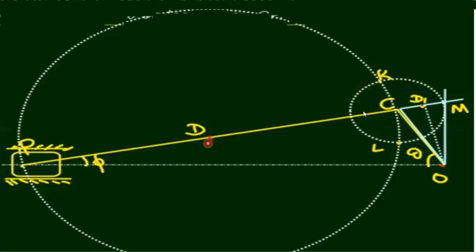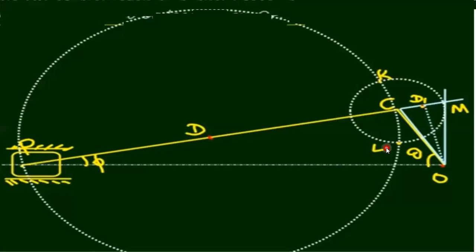Draw another, bigger circle. These two circles will intersect at two different points. Write the first point as K and the second point as L. So you have got K and L.